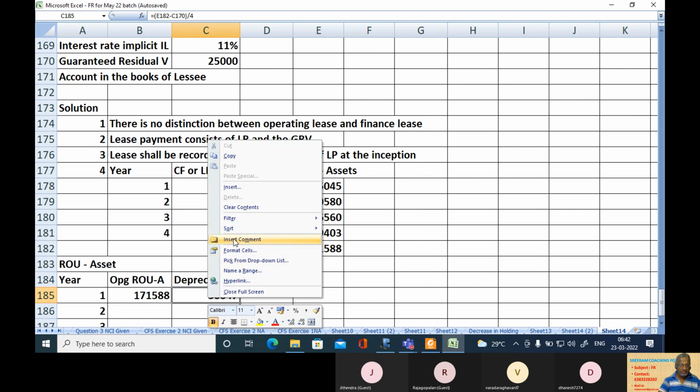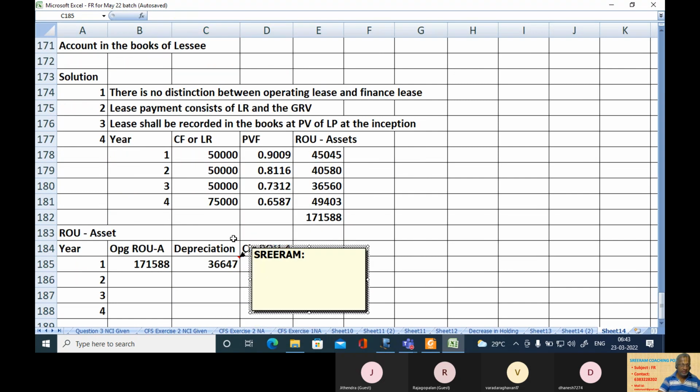How did you arrive at? Is that visible now, sir? 171,588 minus 25,000 whole divided by 4.